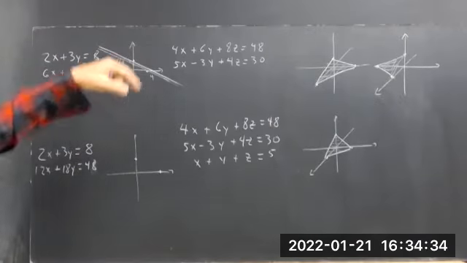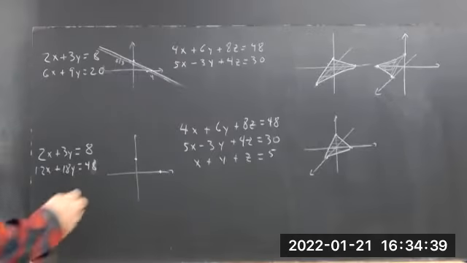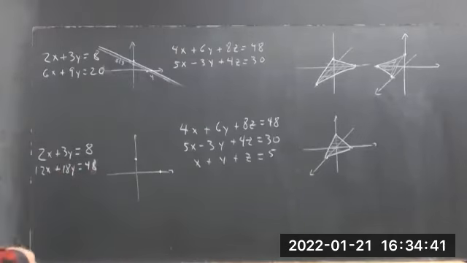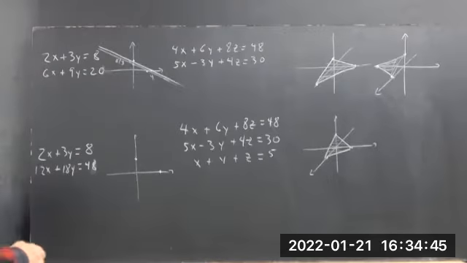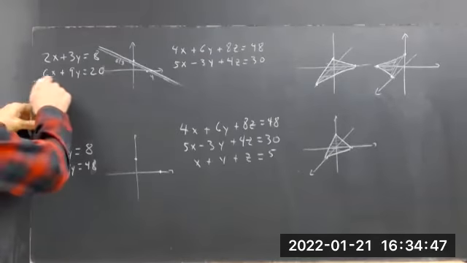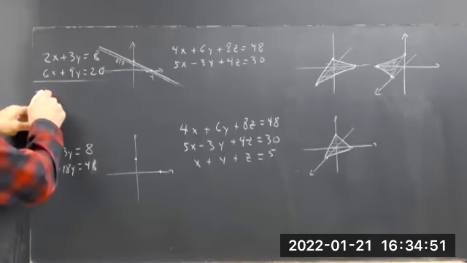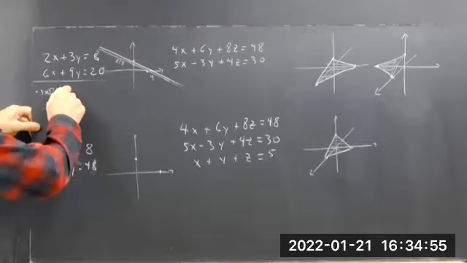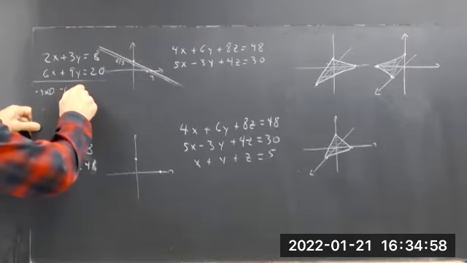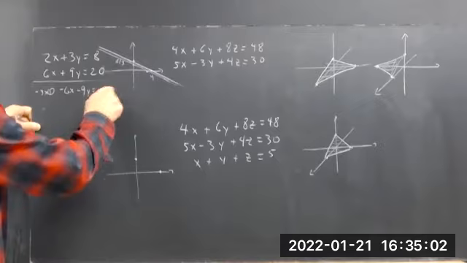And you should also sketch a graph. Now, what happens then if we try to solve the system of equations? Well, we could do -3 times the first equation, which would give us negative 6x minus 9y equals negative 24.